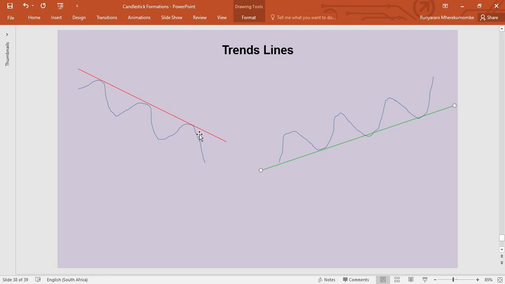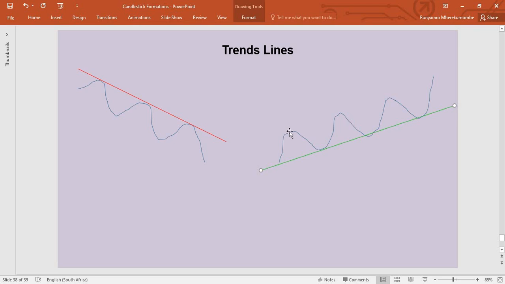Now we need to introduce another concept, which is called the channel. A channel is whereby we are able to draw parallel lines between a trend. So let's start with this uptrend. Here we've got a swing high, a swing low, and another swing high. We are starting at this point, then we had a swing high, then we had a swing low.